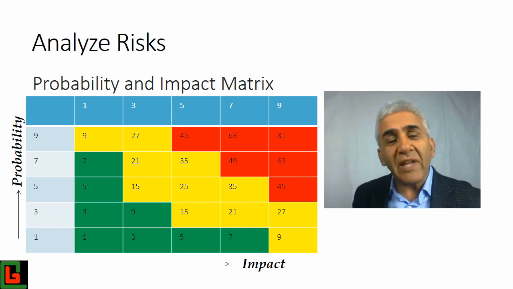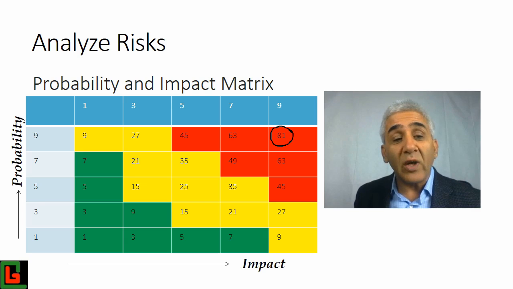So the previous slide was a simplified version, and this one has a little bit more detail. Depending on the risk rating, you put a number, and as we earlier said, number 81, which was 9 multiplied by 9, which was high probability and high impact. These are defined as 81.